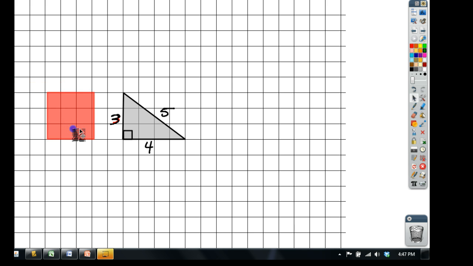Okay, so here's a square that is 3 units by 3 units. And here is another square that is 4 units by 4 units.